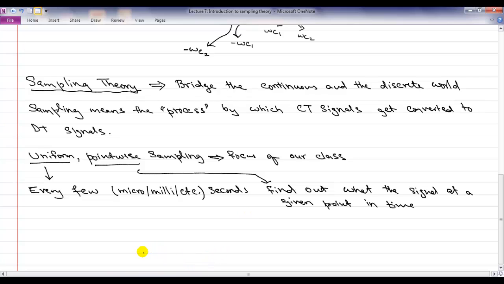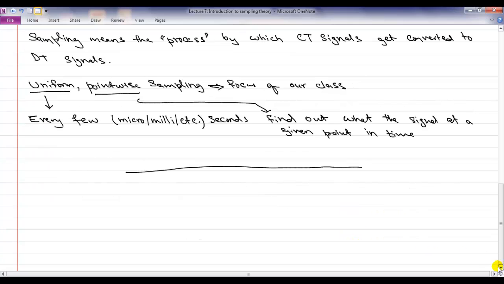So if you are given a continuous time signal, let's say this is your signal, what uniform pointwise sampling does, let's say this is time 0, okay?